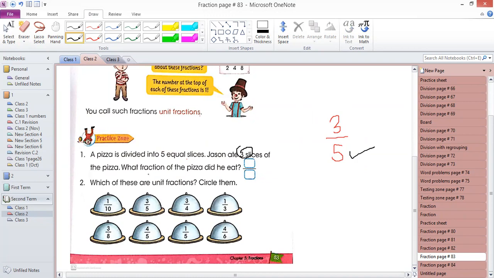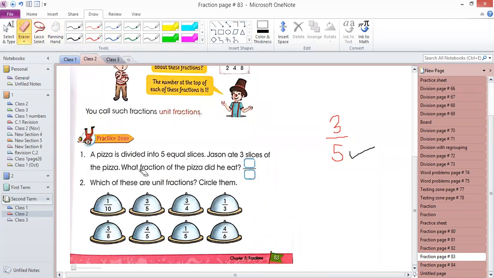Now, what is very important, guys, is to read the question carefully. The question is asking, write a fraction of the pizza he ate. When you read the question, then you will decide your numerator. So he ate 3 pieces out of 5 pieces. That's why the fraction is 3 over 5.